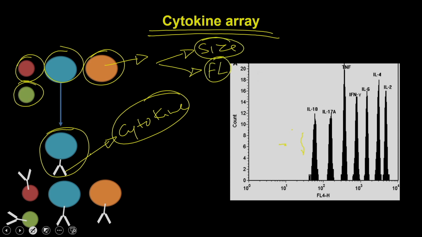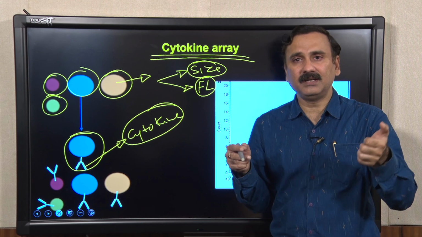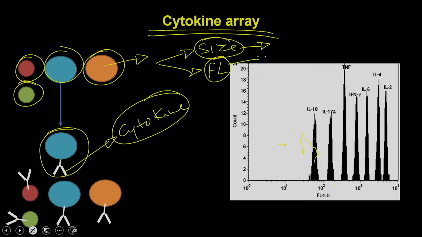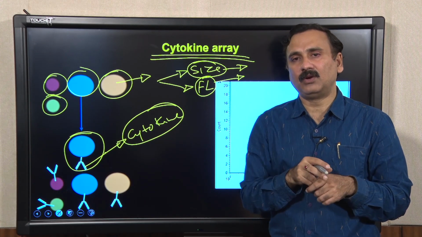So, once you have added it, you can have the separation based on size as well as fluorescence, and the height of these beads is going to tell you the concentration of that particular cytokine present in the cell supernatant.